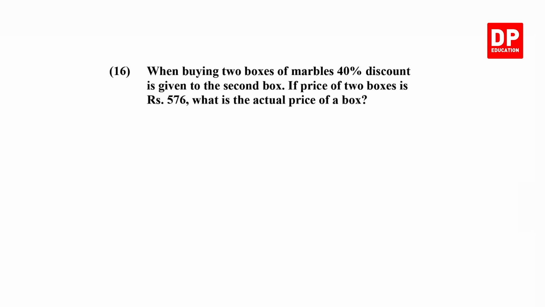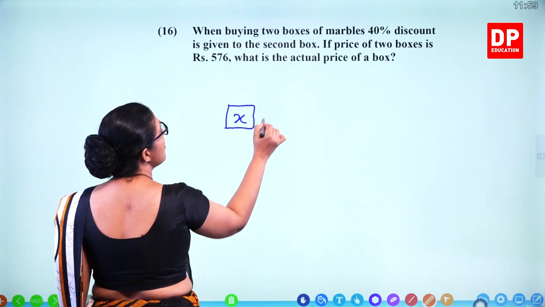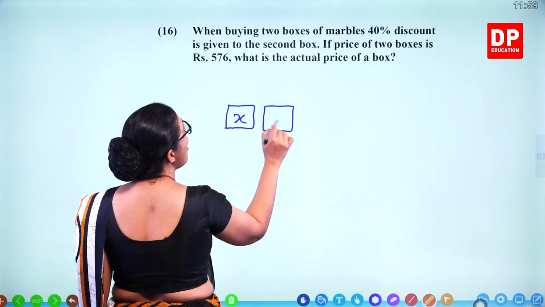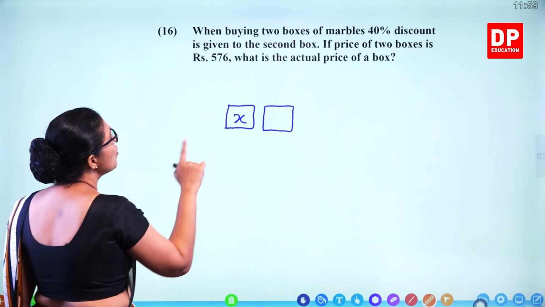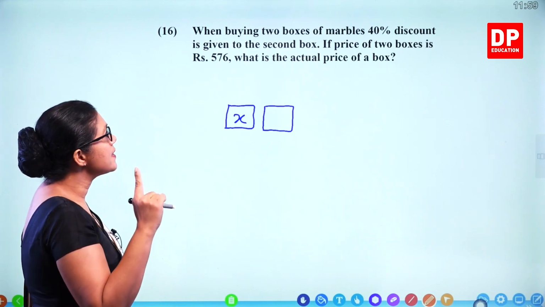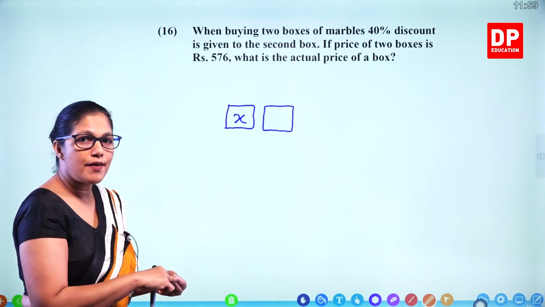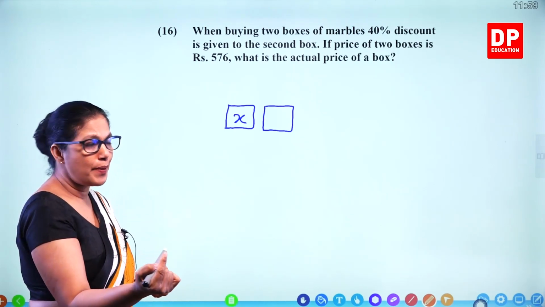Question number 16. When buying 2 boxes of marbles, a 40% discount is given on the second box. So think of the normal price as x. But for the second box, you are getting a 40% discount. So what should be the price of the second box? If you buy for 100 with a 40% discount, you can get it for 60 rupees.